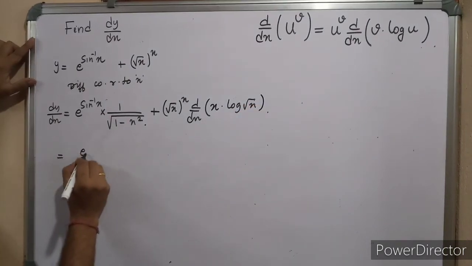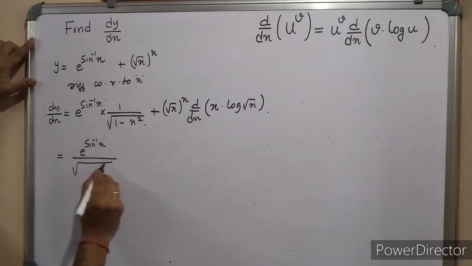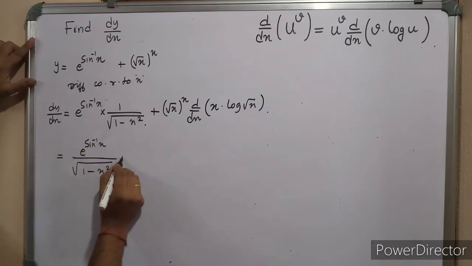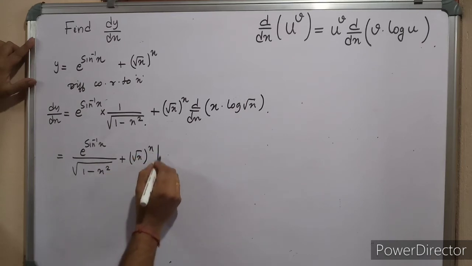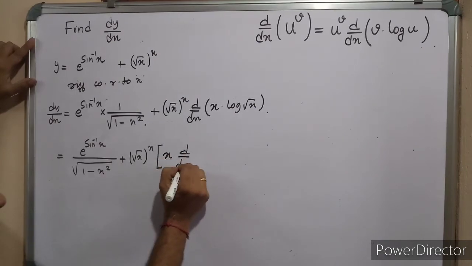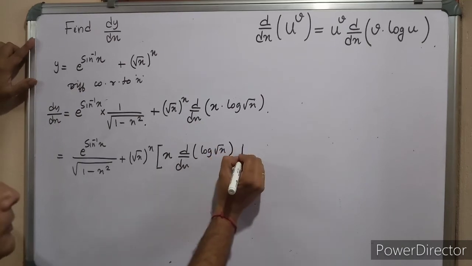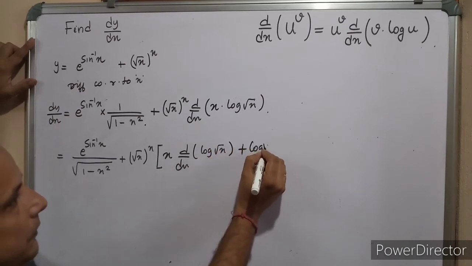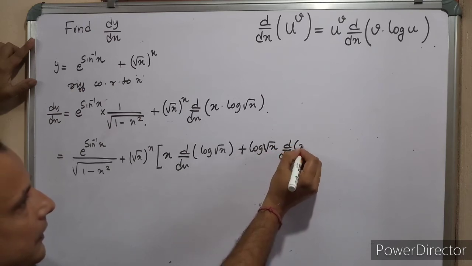Now this one is e to the power sine inverse x divided by under root 1 minus x square plus, now then I'll use the u into v formula, d by dx of log of root x plus log of root x into d by dx of x.